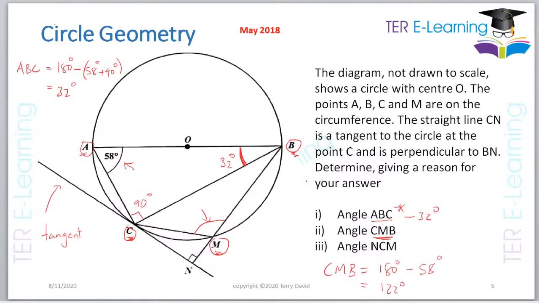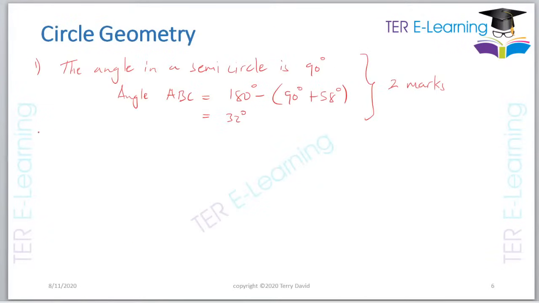So in terms of what you're going to write to get your full marks, remember, it's not just about answering the question. You want to maximize your mark in the exam, right? So for the second part, you're going to say opposite angles in a cyclic quadrilateral are supplementary.